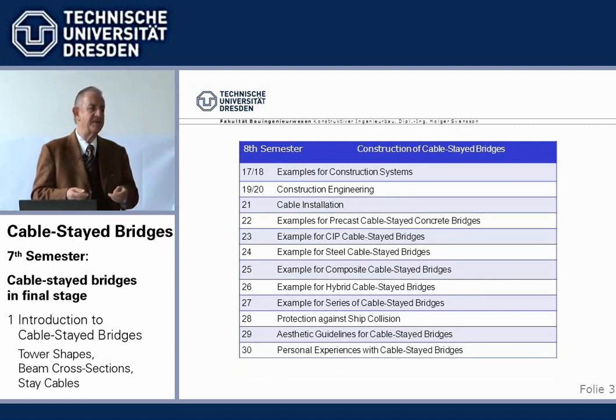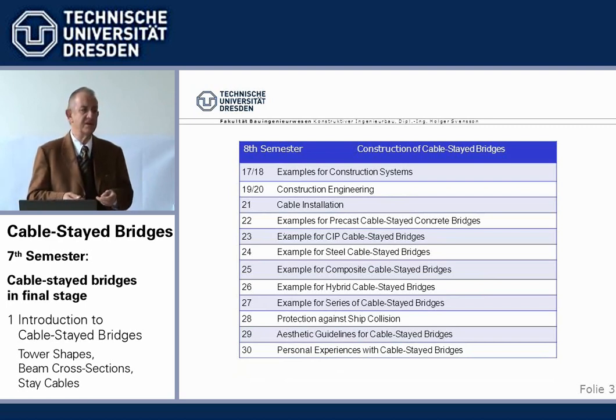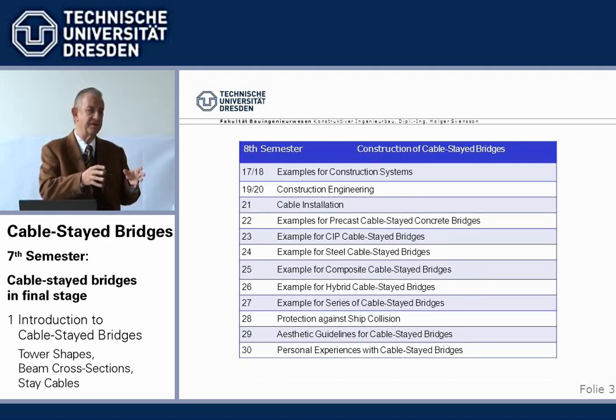When we start designing a cable-stayed bridge, we always have to consider from the very beginning, in the back of our mind, how to put the thing together, what are the circumstances, what makes it special. So, this semester, the final stage; next semester, construction, including construction engineering, how to calculate the intermediate stages.